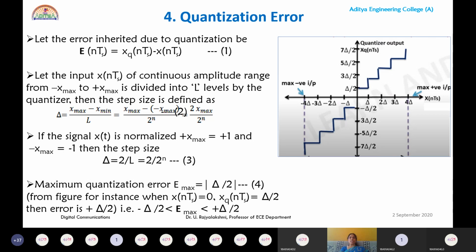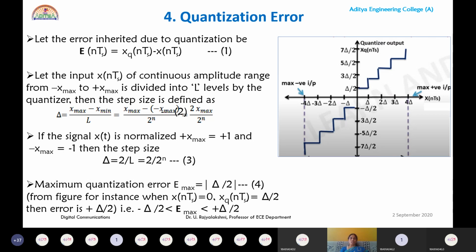Delta equals 2 by L, or 2 by 2 power n, because L equals 2 power n. So delta is the step size, which equals 2 by L, or 2 by 2 power n, for normalized input.